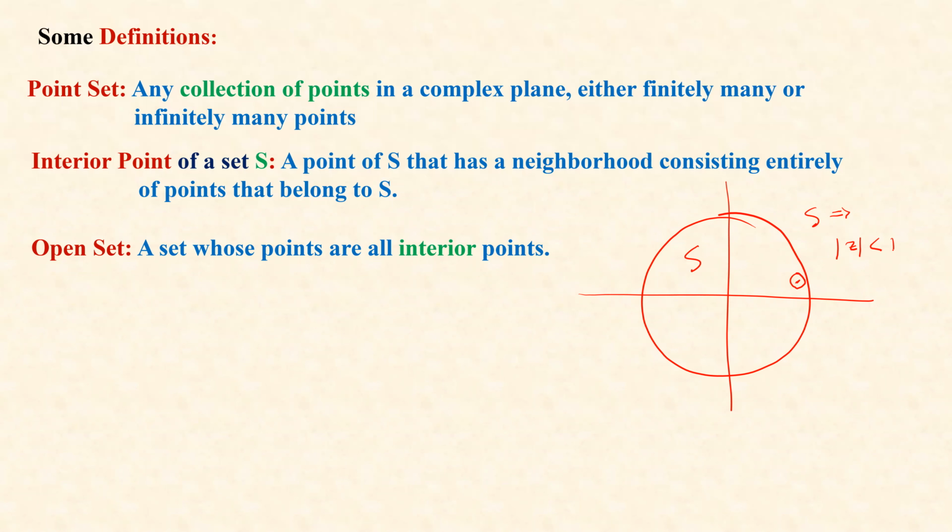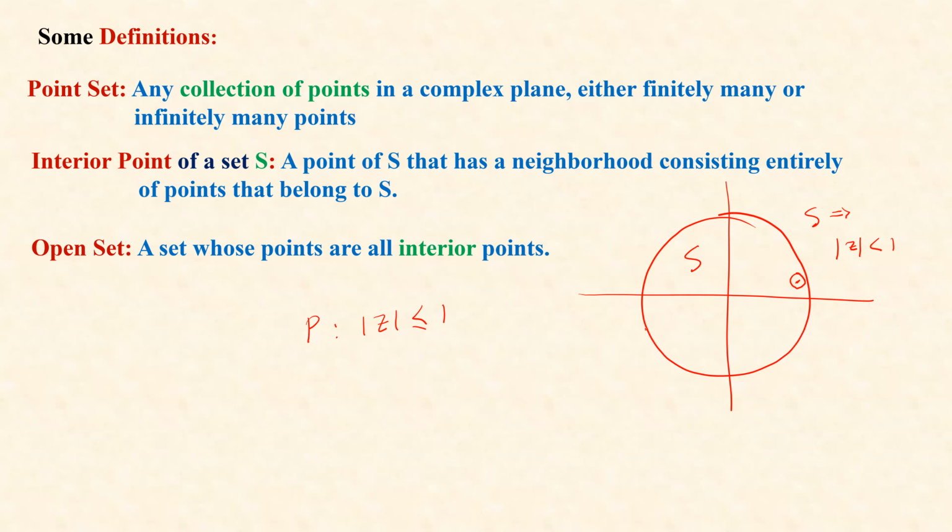All right. But if you consider another set, like P, defined by absolute value of z less than or equal to 1, which means the unit circle is part of it, then that doesn't have this property.